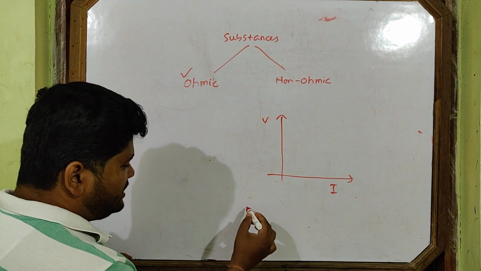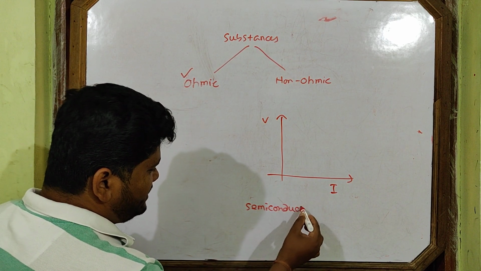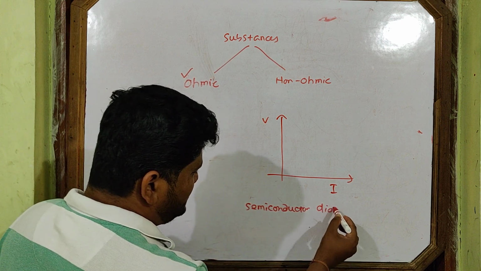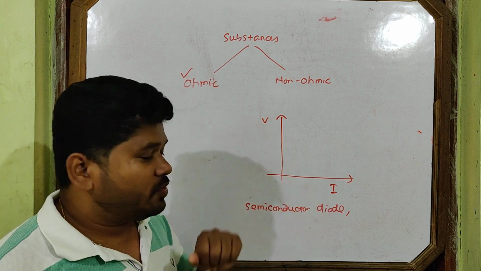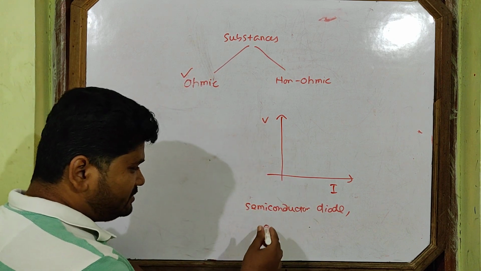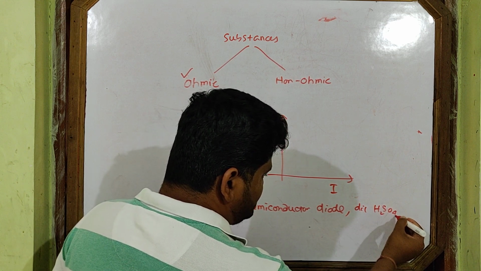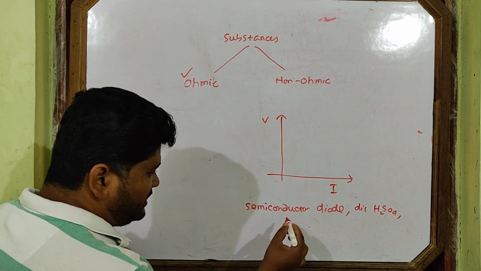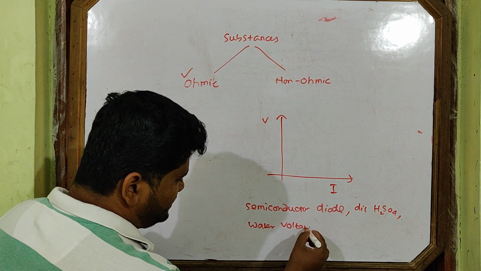I am writing, you see, semiconductor diode. You will read this one at the end of the book, in the last chapter. It doesn't obey Ohm's law. Then dilute H2SO4. This does not obey Ohm's law. Then water voltameter.